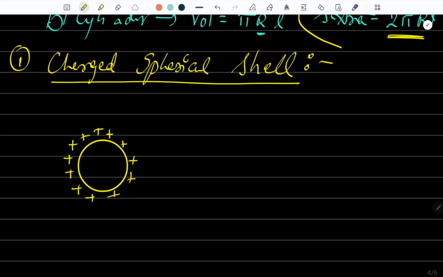Let us say it is charged to say capital Q. This will be the center, and let us say this is the radius capital R. We need to find, due to this charged spherical shell, at point P, what is the electric field. This is what we need to find.